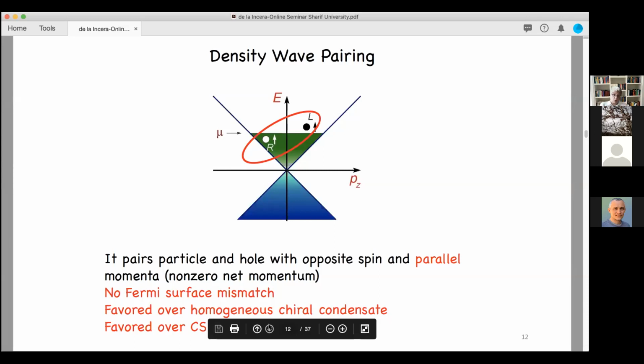The spin is opposite, so it's a boson, but it has a non-zero momentum, so it's an inhomogeneous condensate. And this condensate is favored over the homogeneous chiral condensate, and also over color superconductivity. So this is the one that we are going to concentrate on: the possibility of a phase that pairs quarks and holes at the Fermi surface with a net momentum, so inhomogeneous.